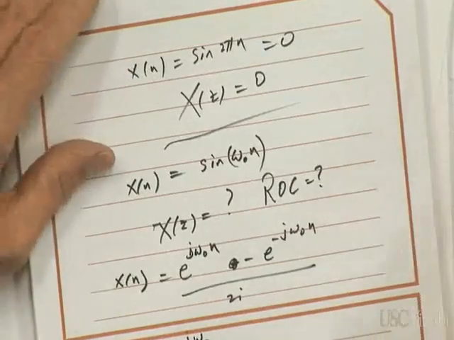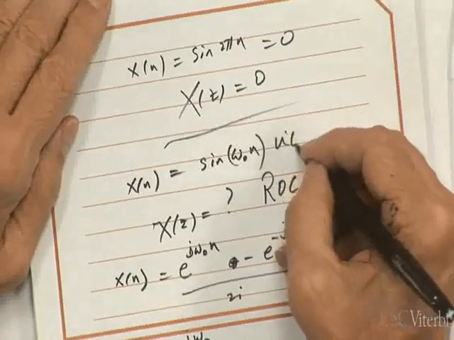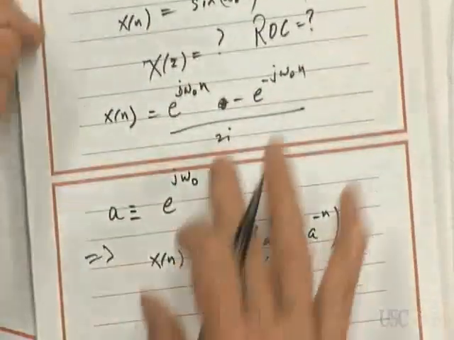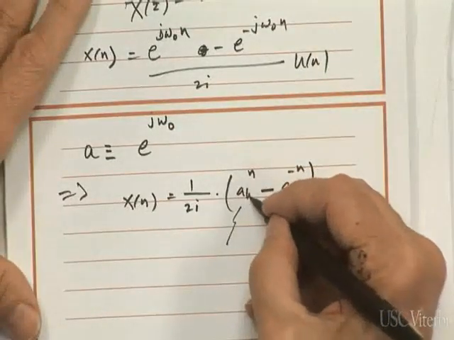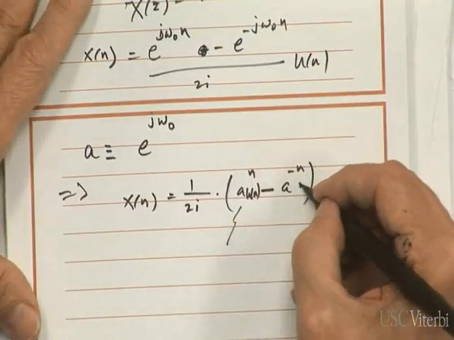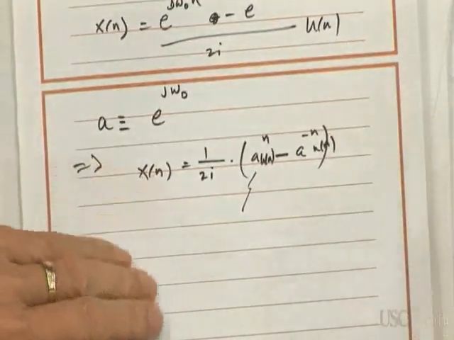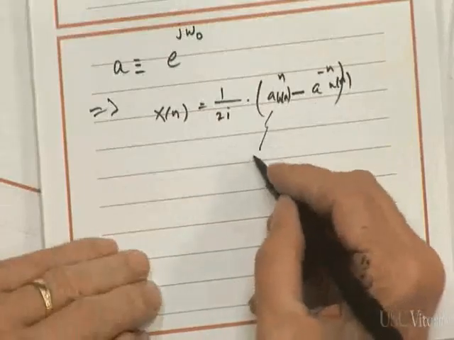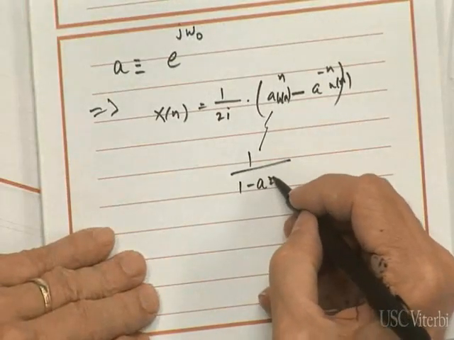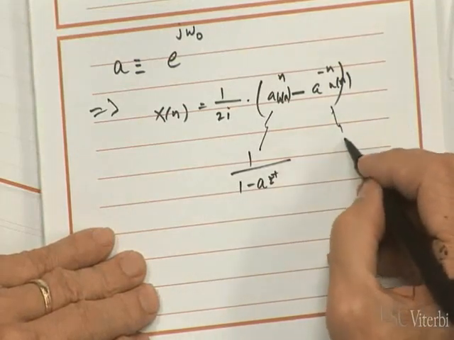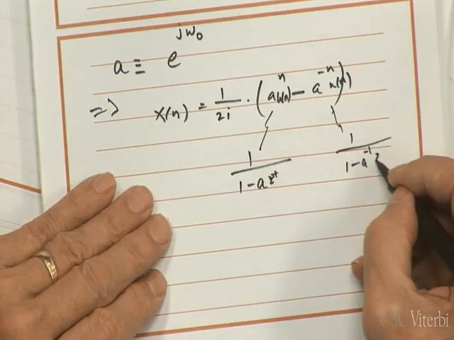This doesn't change your basic problem, but for simplicity, let me say this is multiplied by u of n, since it's kind of a mess otherwise. So you end up with this times u of n minus something times u of n here. And so you find that this is 1 over 1 minus a z inverse. And this is also 1 over 1 minus a inverse z inverse.